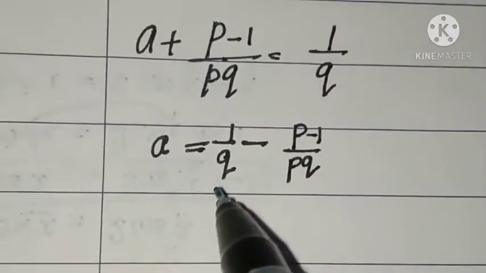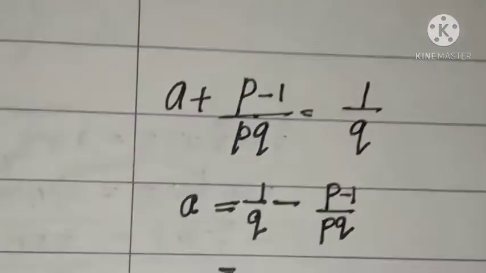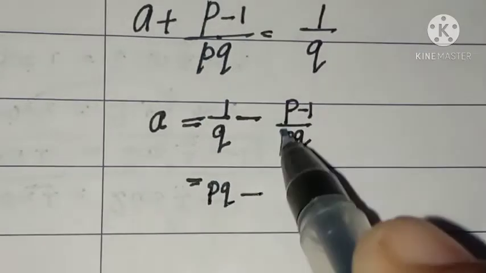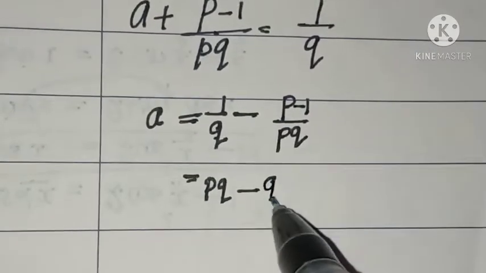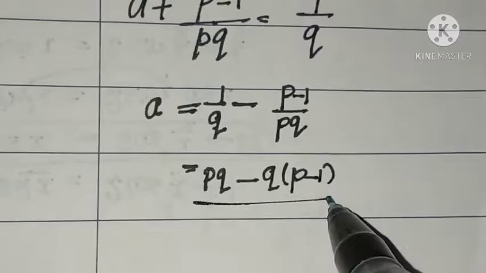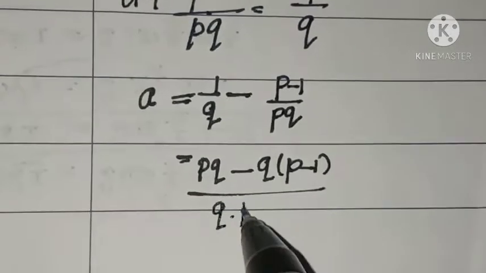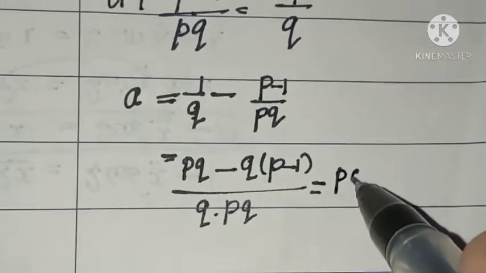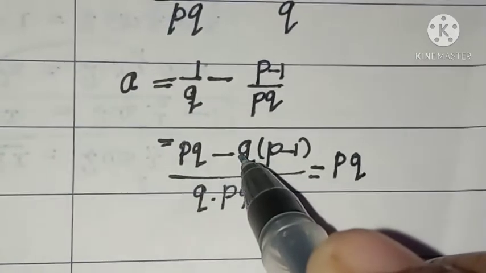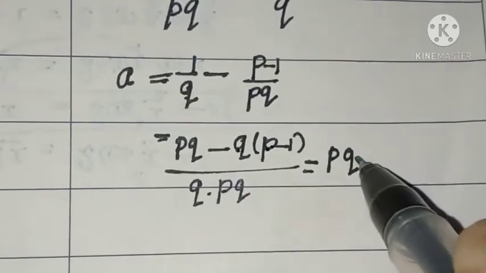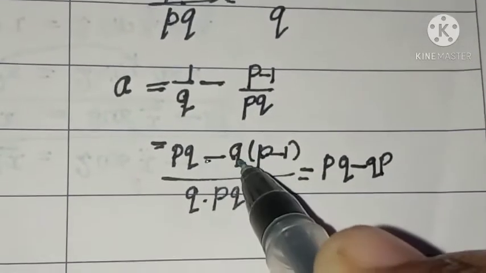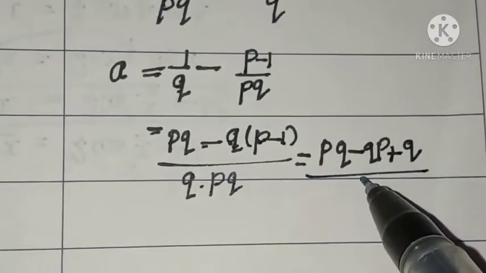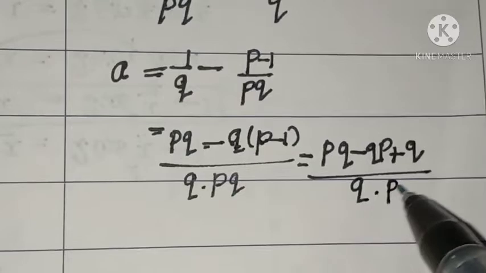Now take cross multiplication: 1 into pq, pq, minus q into (p minus 1), divided by q into pq. Now open the bracket: pq minus qp minus q into minus 1, plus q, divided by q into pq.